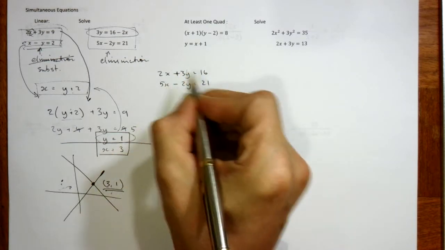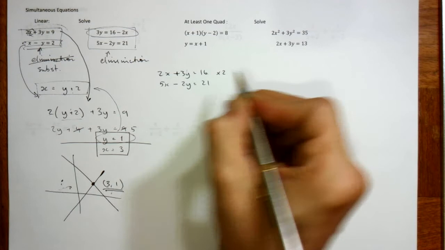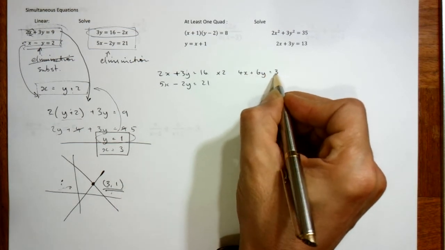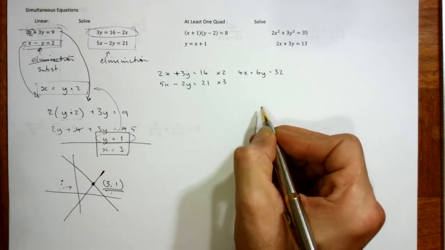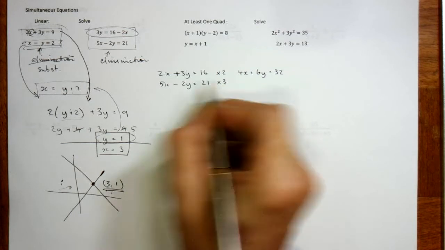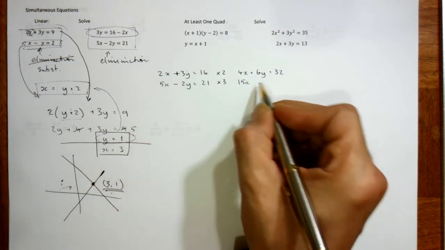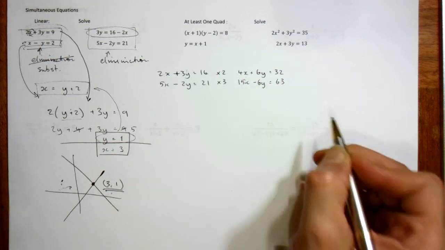But any multiple of this equation is still the same equation. So if I do that one times 2 and get 4x plus 6y is equal to 32, it's still the same equation. If I multiply this one by 3, then 3 times 5x is 15x, 3 times minus 2y is minus 6y, and 3 21s is 63.